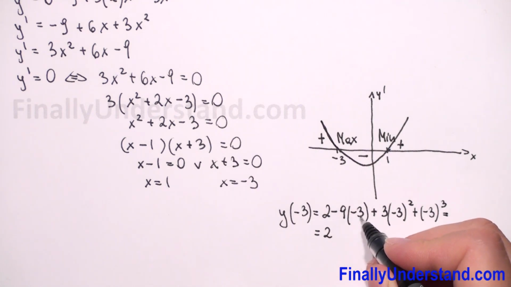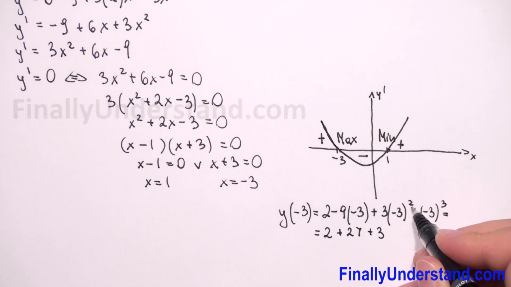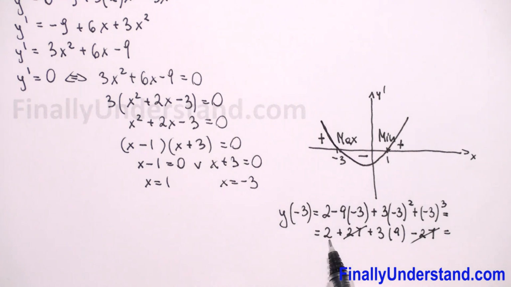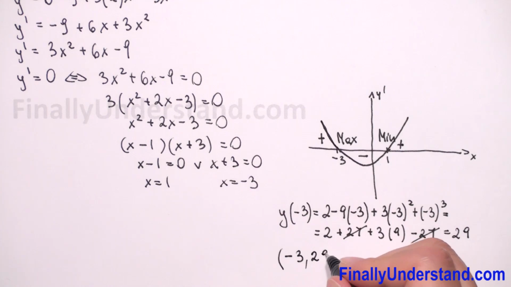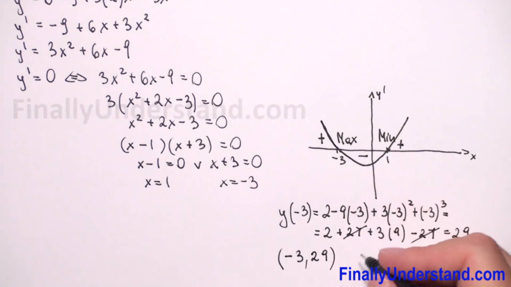Negative 9 times negative 3 is positive 27, plus 3 times 9, since negative 3 to the second power is 9, and negative 3 to the third power is negative 27. So 27 and 27 cancel. We have 2 plus 3 times 9; 3 times 9 is 27, plus 2 is 29. So we have the first point, negative 3, 29. And at negative 3 we have a maximum.